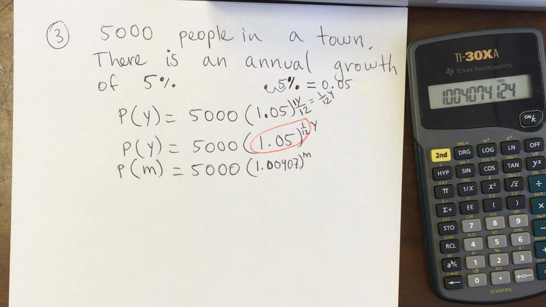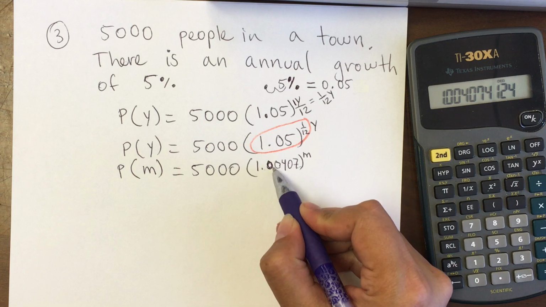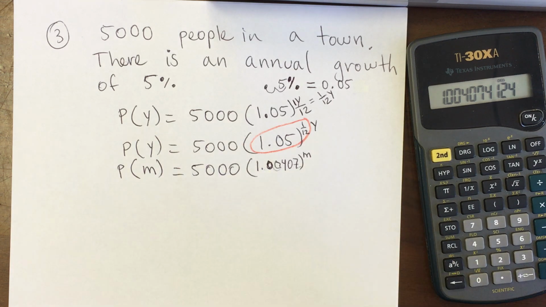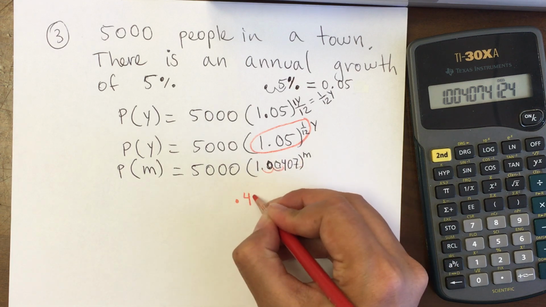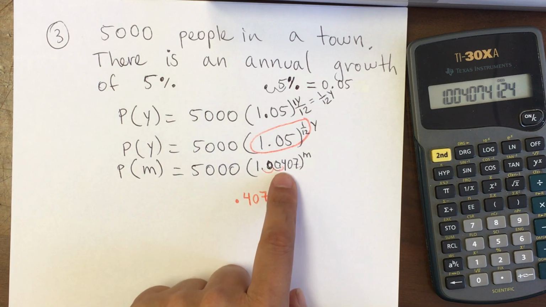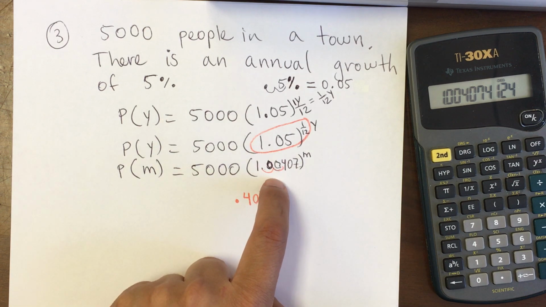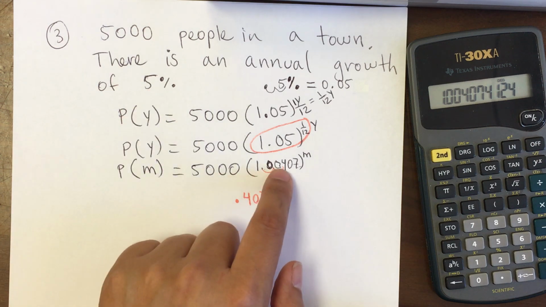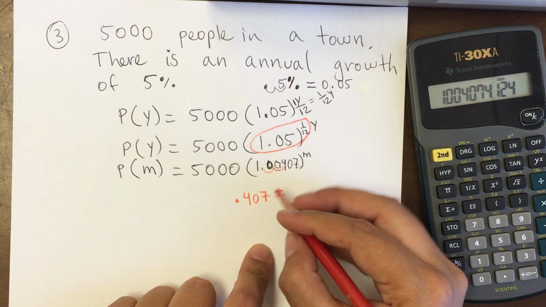Now that's per month. Let's see, if we're not thinking of it as percent, we just move it twice. It's going to be 0.407, etc., right? That's the monthly growth in decimal. In percent, okay? So what does that mean?